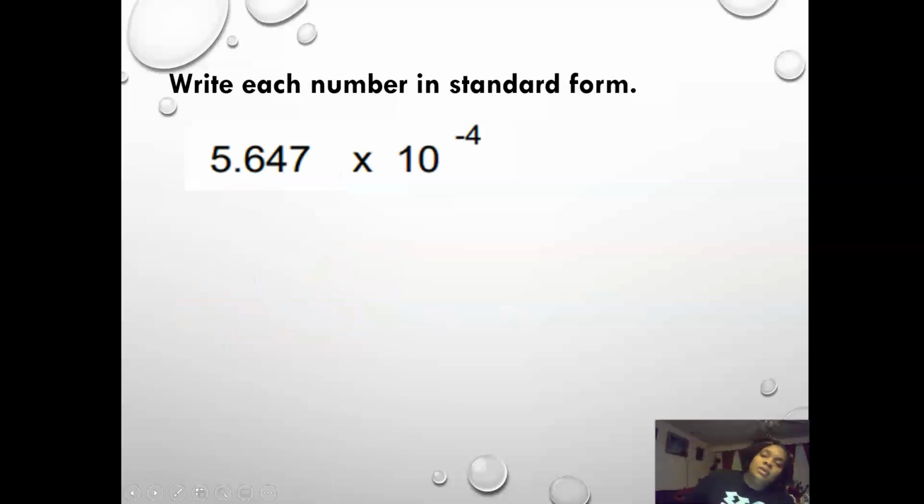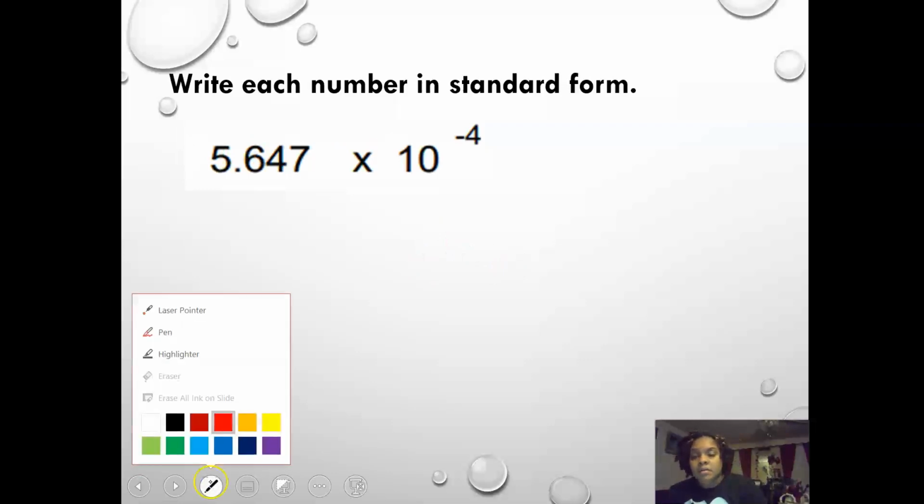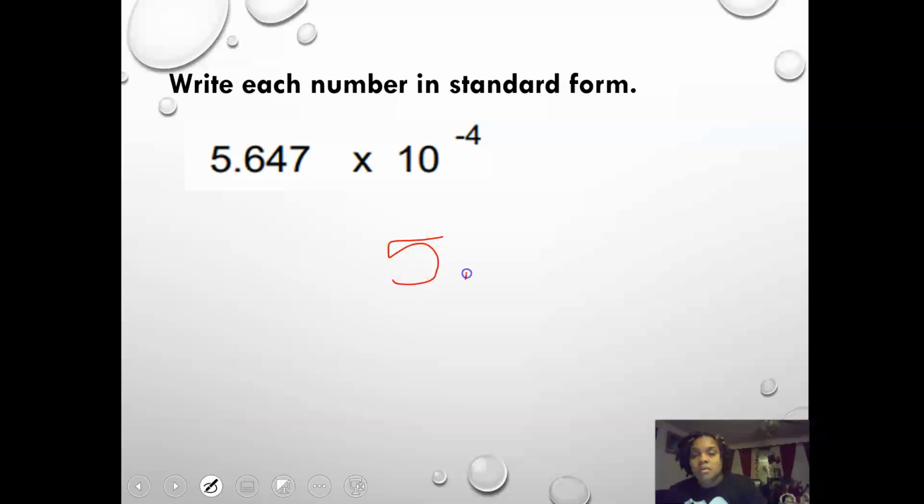Right? So 5.67 times 10 to the negative third. Once again, this is a negative exponent. You will move it as many times as the negative exponent tells you to move it. So it'll be 5.67. Okay?